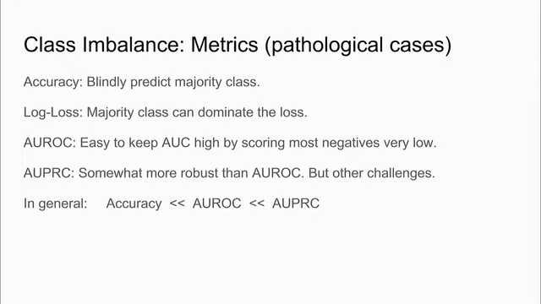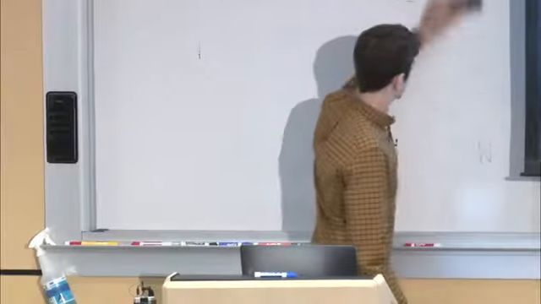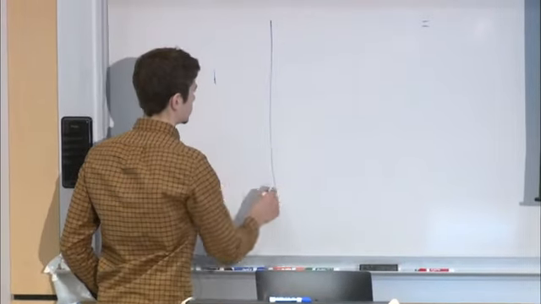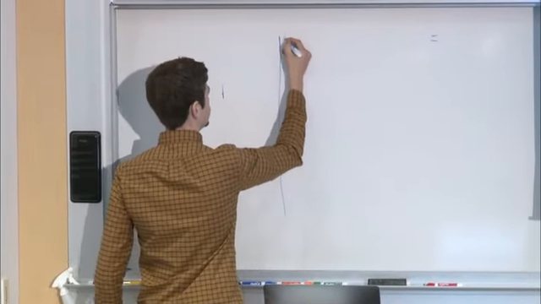And for concepts like AUROC and AUPRC, that's a little bit harder to see, but think about AUROC. You'll recall that the definition is: if you pick a random negative and a random positive, what is the chance that the positive will outrank the negative? So you could imagine this pathological case where you have your score line here, and say 10% of your negatives are up here.